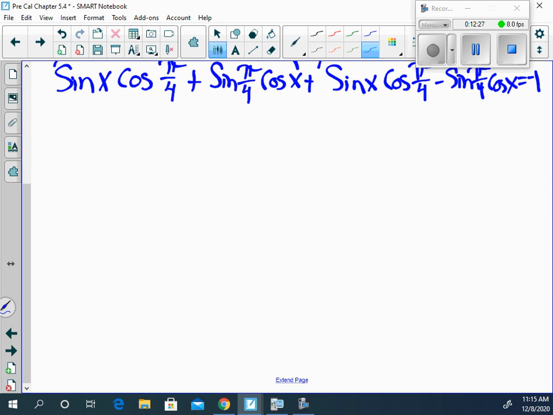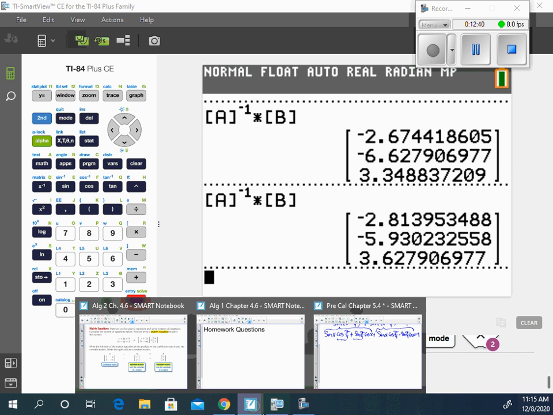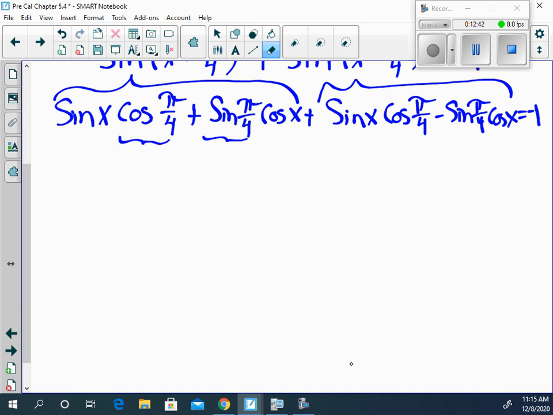Now there is something that does work out nicely. Let's just simplify what we can. I'm going to use red. These four here have a value, because cosine of pi over 4 is going to be square root 2 over 2.